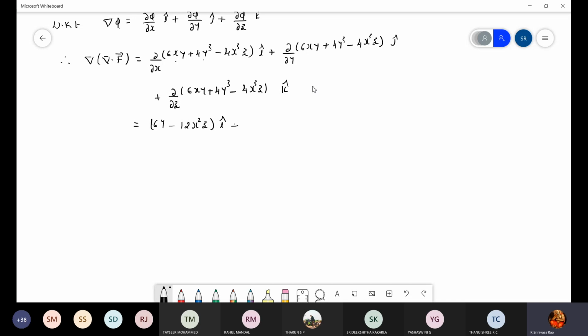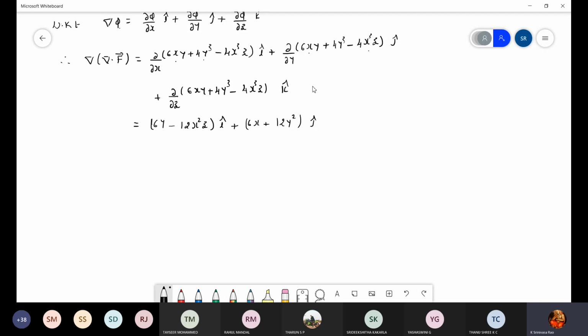Plus, with respect to y, 6x for the first term, 12y square for the second, and 0 for the third, multiplied with j cap.